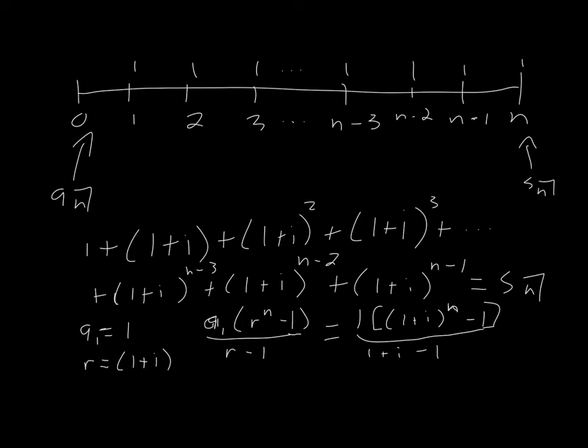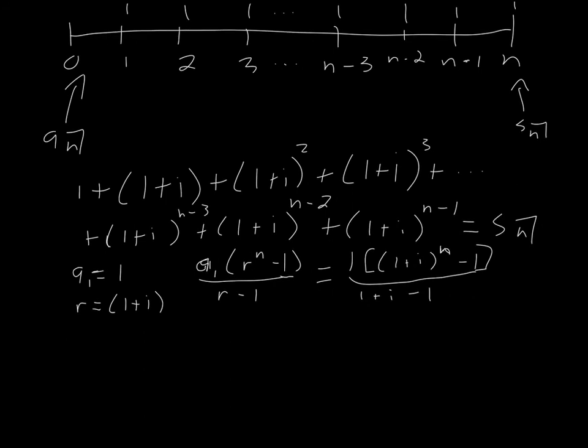But notice that 1 plus i minus 1 in our denominator equals i. And the 1 multiplied in the numerator doesn't change anything. That just leaves us with (1 plus i) raised to the n, minus 1, over i. And that is, of course, the S angle n formula that we all know and love.